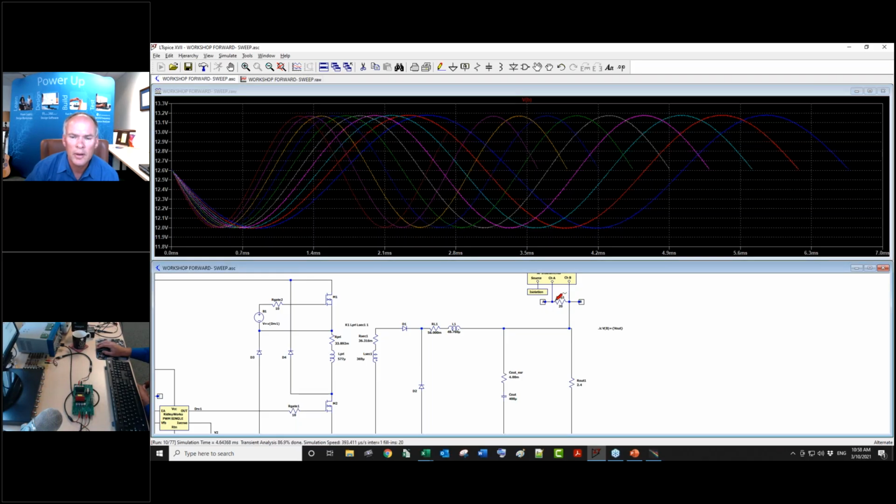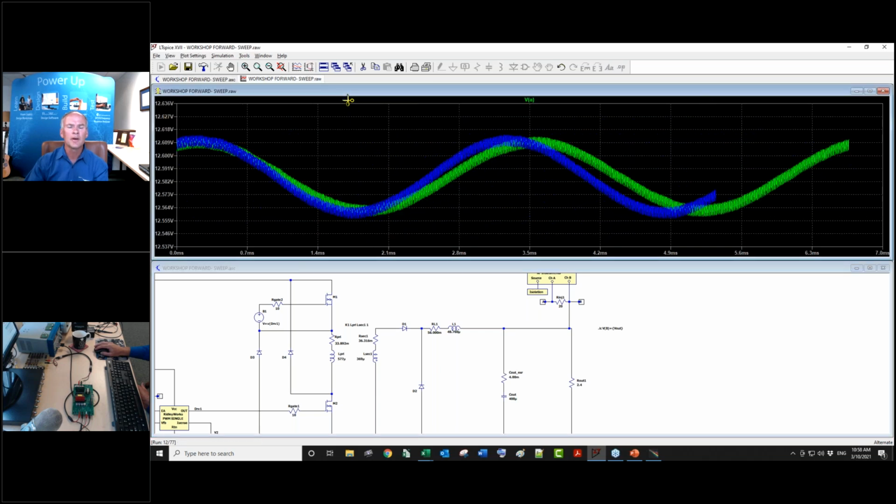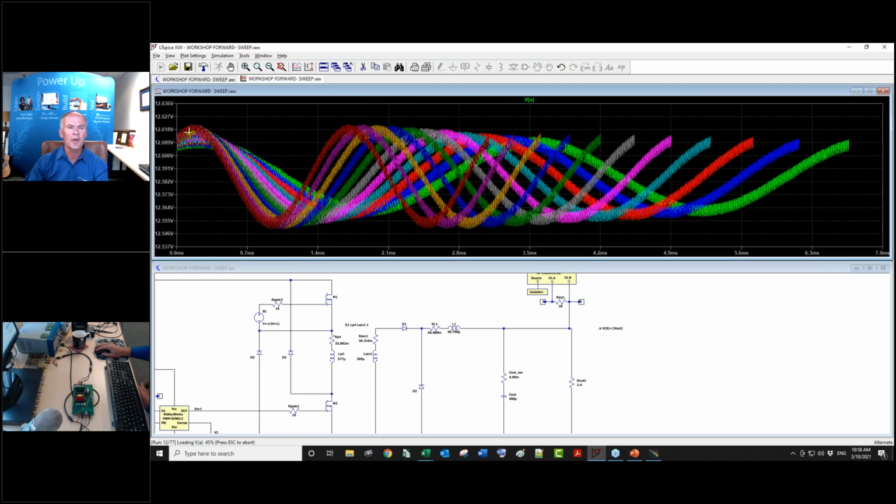Now let's look at the input right here. You can see there's only a little bit of disturbance on the input to the loop. Again, these are the same signal point tied by a 20 ohm resistance. The difference between this signal and that signal is the injected signal, right? Get rid of B. Now we see the perturbation on the input of the loop, this is 12.55, this is 12.6.